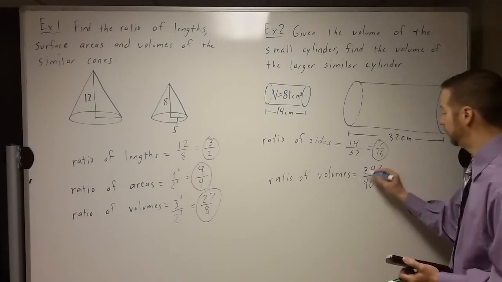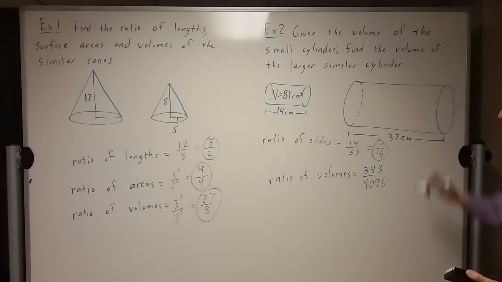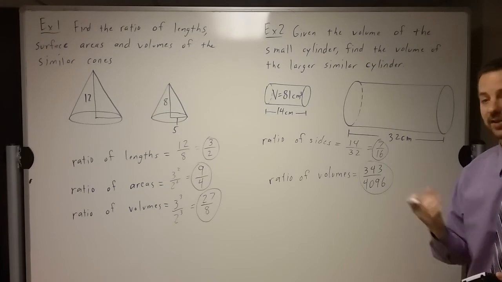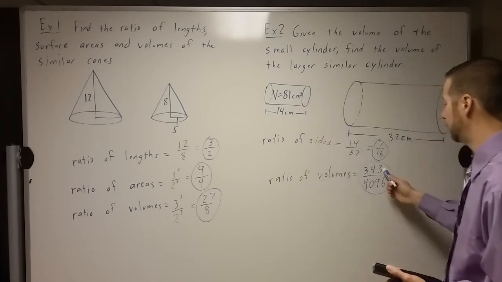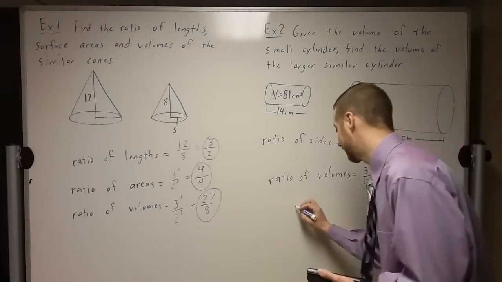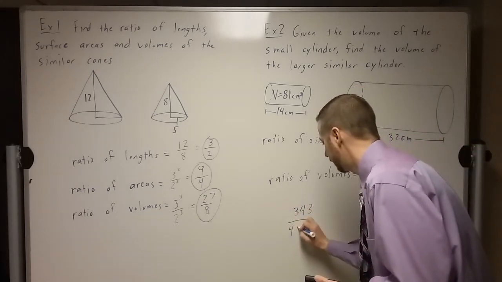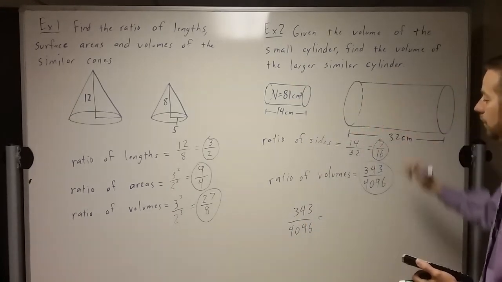This is the ratio that relates the volume of this shape to the volume of this shape. That means this is what I need to use when I set up this proportion. So the ratio of volume of this to this is 343 to 4,096. So 343 to 4,096 is the ratio of the volume of this smaller one to the volume of the bigger one.